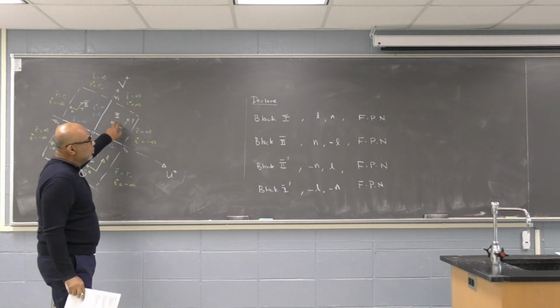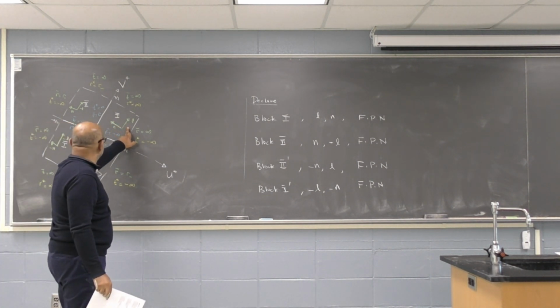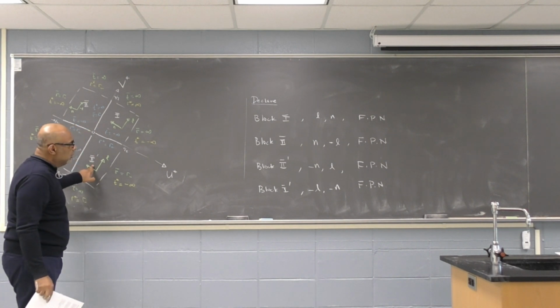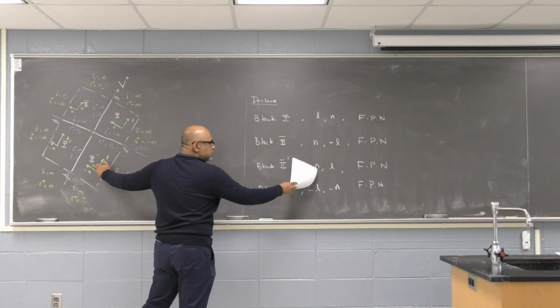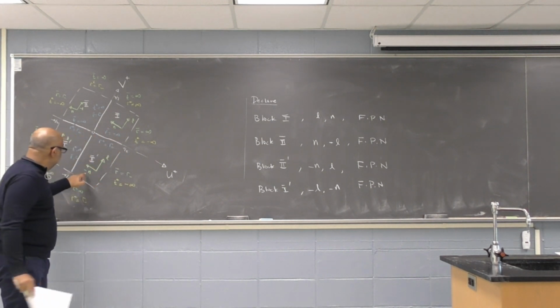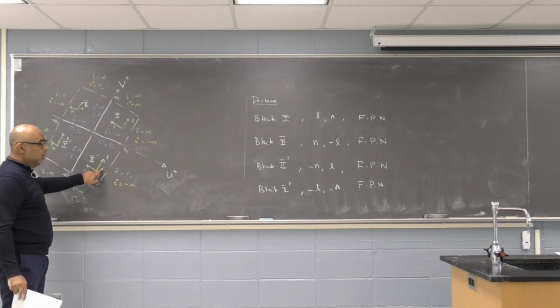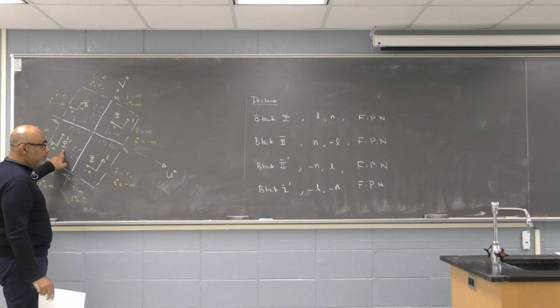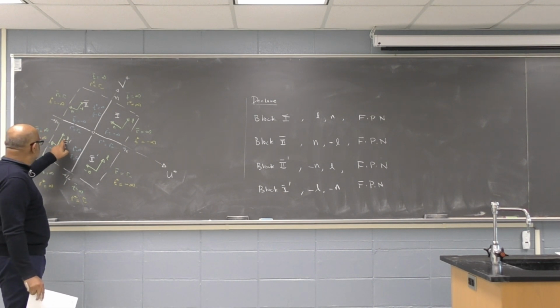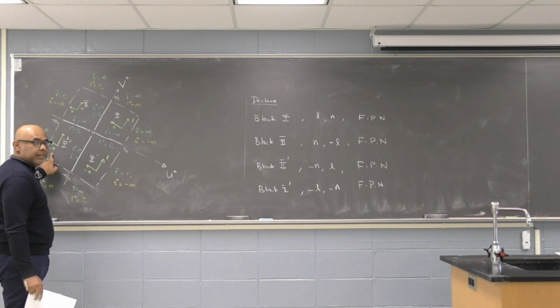Let's see, block 1, L and N is future pointing. Let's just do 2 bar. So 2 bar, it's minus N and L. Minus N and L. Block 1 bar, minus L and minus N is future pointing.